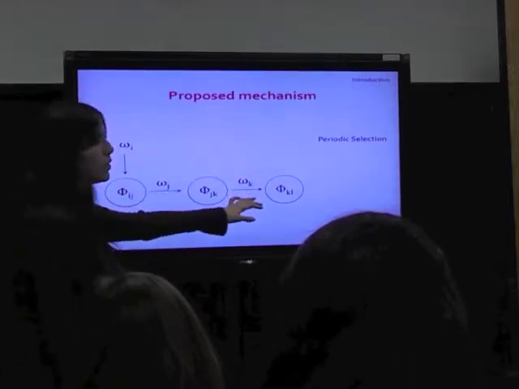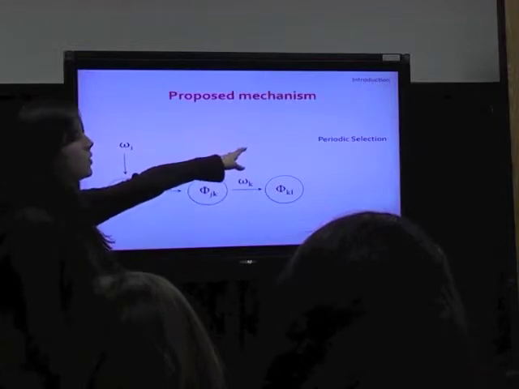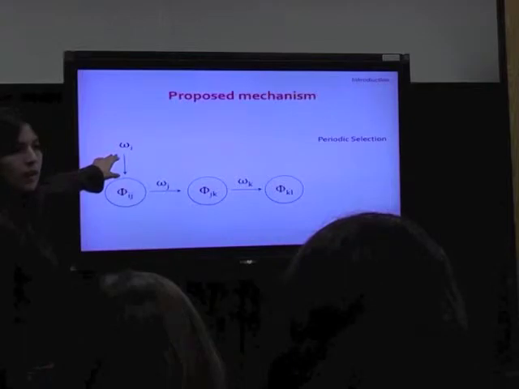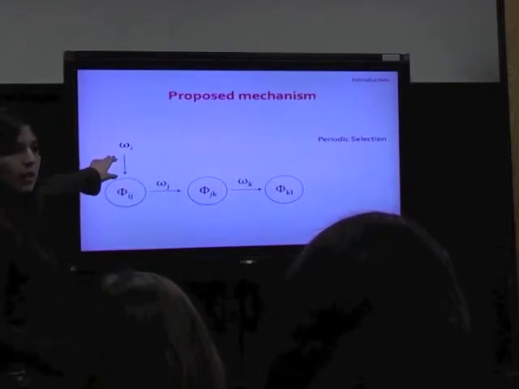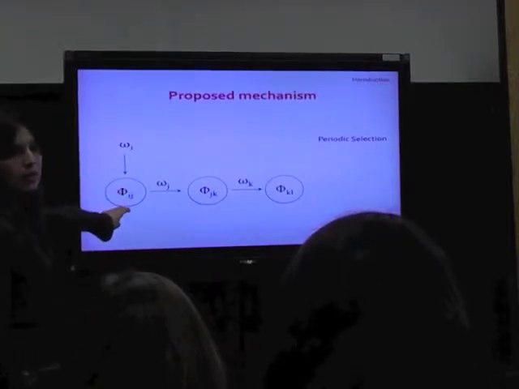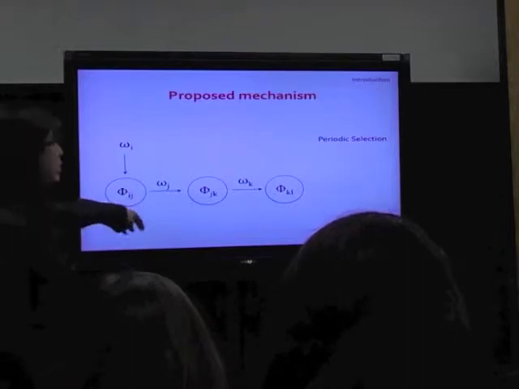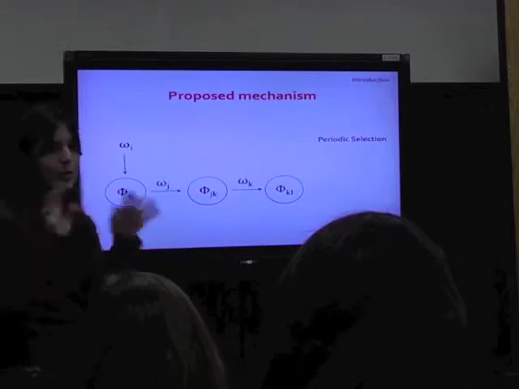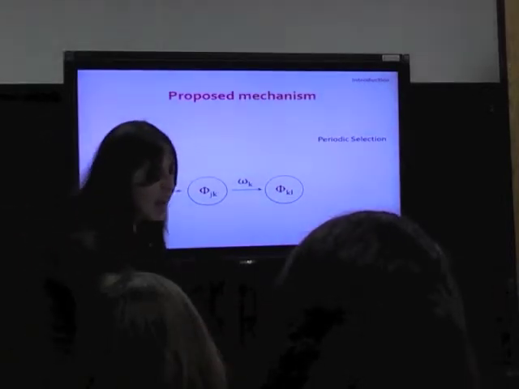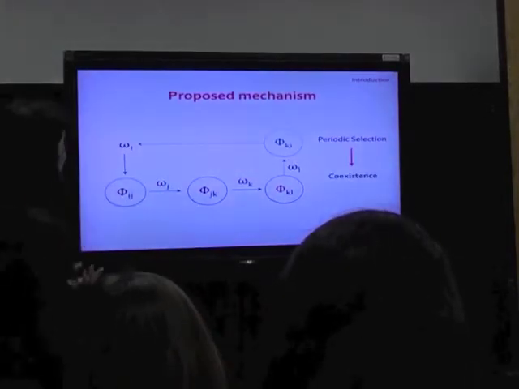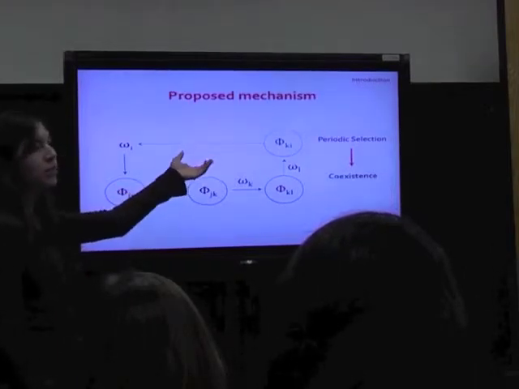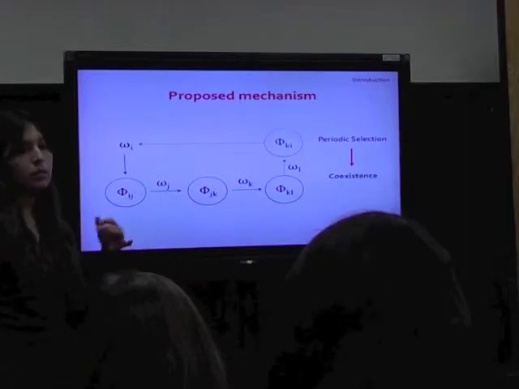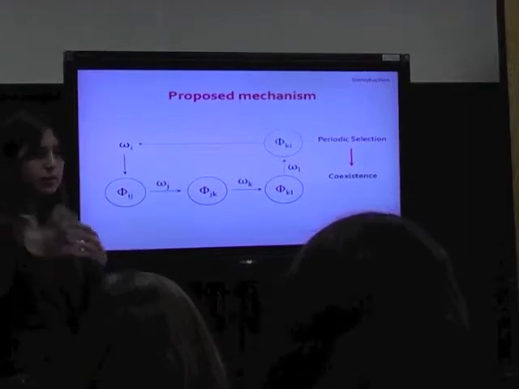But in that type of regimen, we can observe periodic selection, because when this resource is depleted, this genotype can no longer exist, so the other has the advantage. Do you understand? Okay. But then, if we observe some cycles, we can have coexistence, because we are maintaining the system.